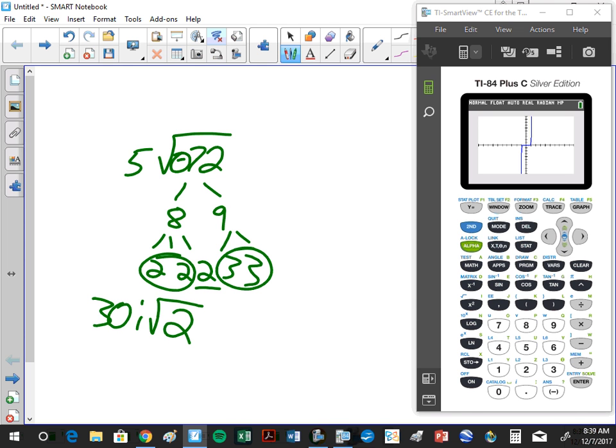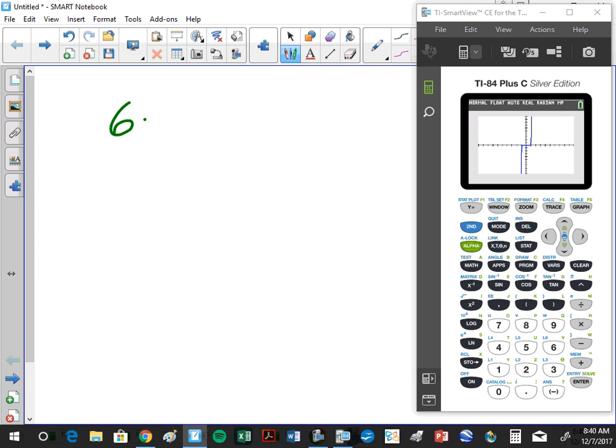Does that make sense? Okay, so any number that's attached to an i is referred to as an imaginary number. But what happens when we try to add real numbers and imaginary numbers? So let's say I had 6 plus 5i.